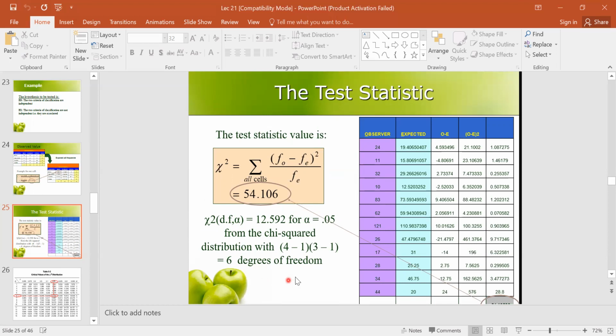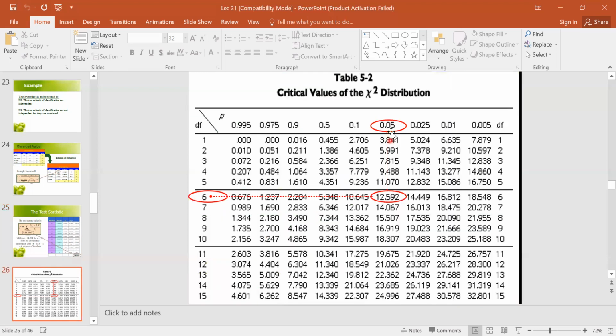In the chi-square test of independence, our degrees of freedom are (rows minus 1) times (columns minus 1). Here we have 4 rows and 3 columns, so our degrees of freedom are 6. Alpha is 0.05. At 0.05 with 6 degrees of freedom, our chi-square tabulated value is 12.592.